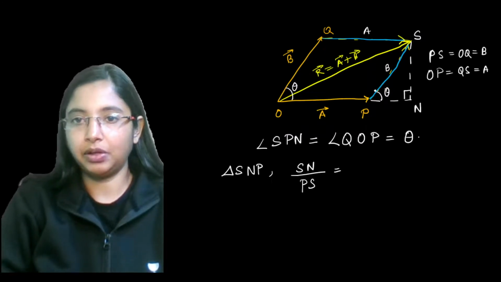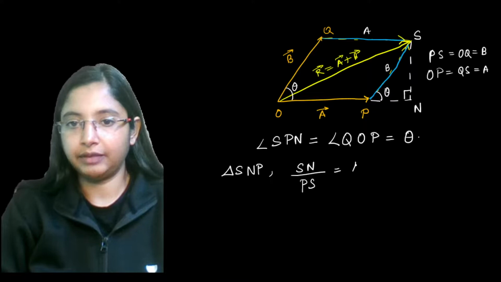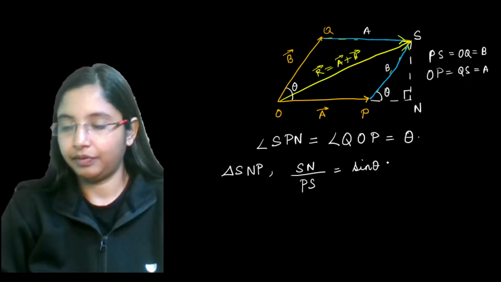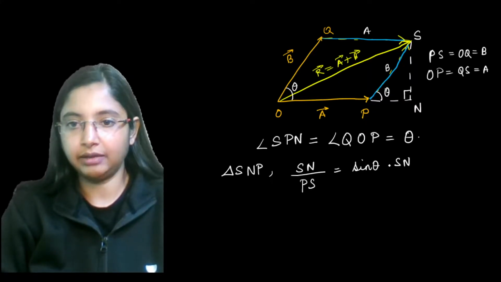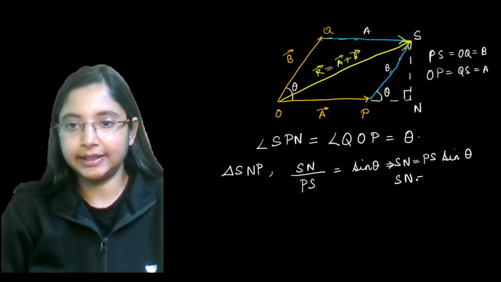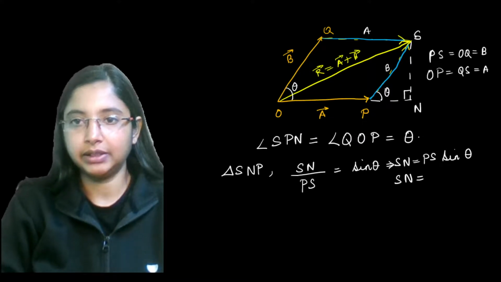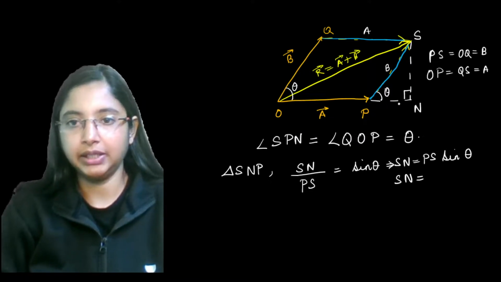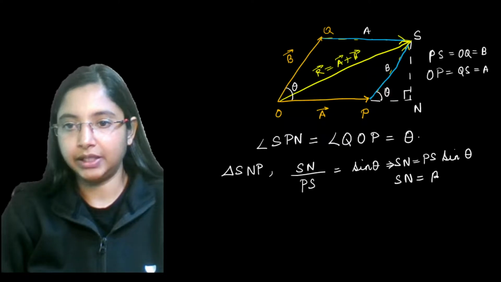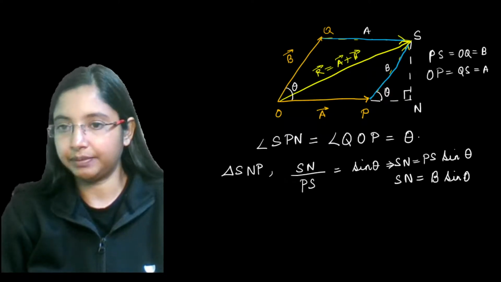This is perpendicular by hypotenuse, right? It will give you sin theta. From here you can say this SN is equal to PS sin theta, right? So this side SN is nothing but PS is B, so B sin theta.